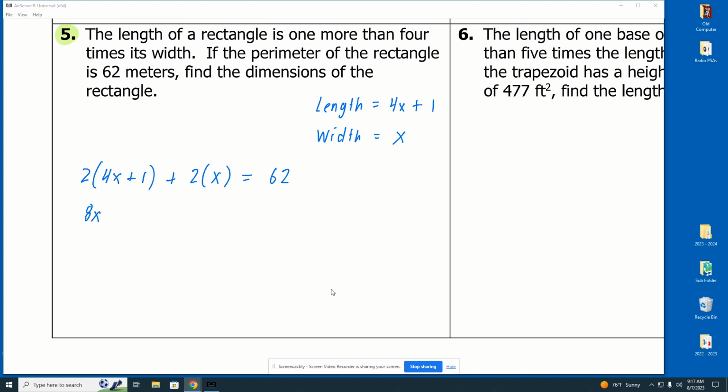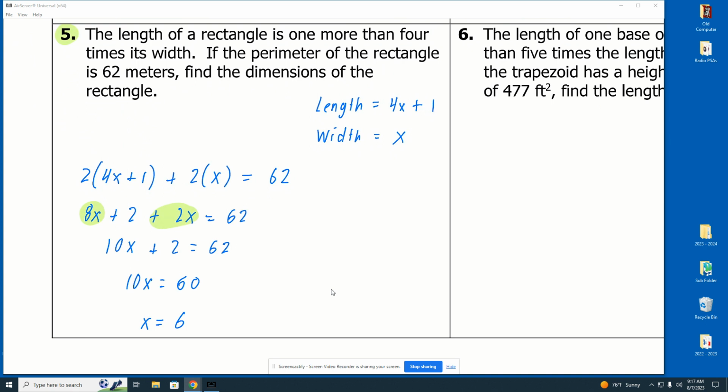What's 2 times positive 1? 2. So 8x plus 2 plus 2 times x is 2x equals 62. Combine your like terms. What is 8x plus 2x? So we've got 10x plus 2 equals 62. All right, what's 62 minus 2? And then lastly, we divide by 10. So what equals 6?